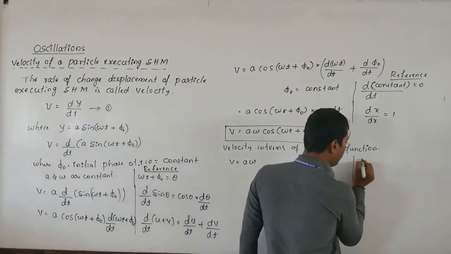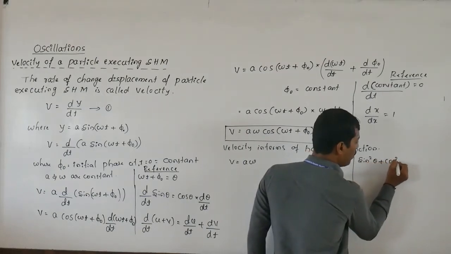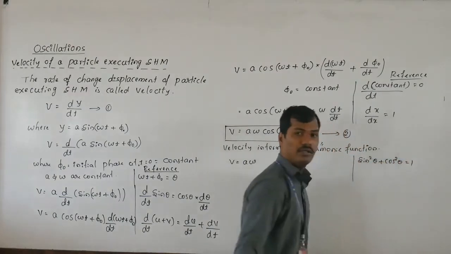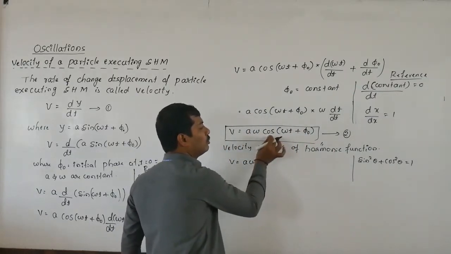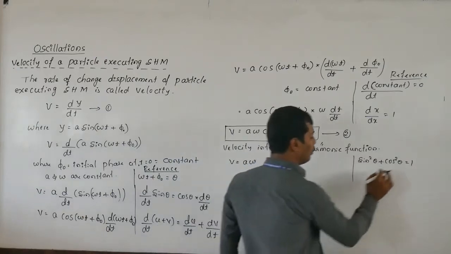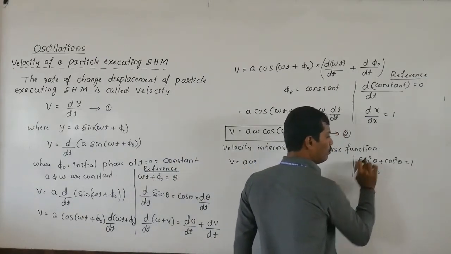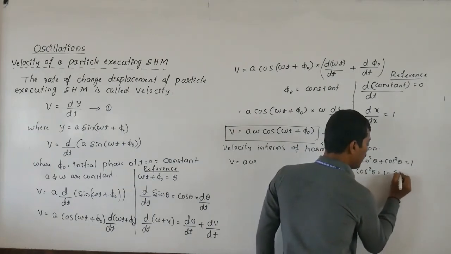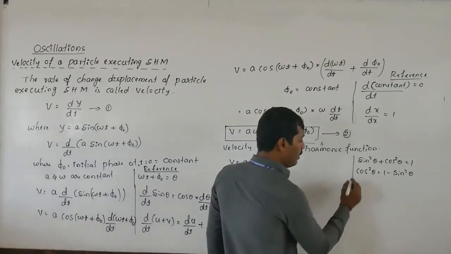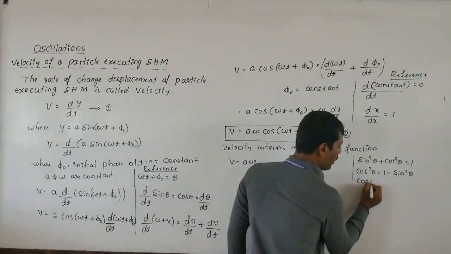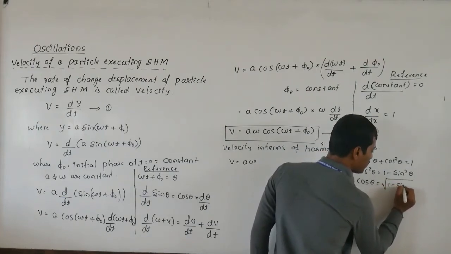Here we know that sin square theta plus cos square theta is equal to 1. We want the value of cos theta. So cos square theta is equal to 1 minus sin square theta. Then cos theta is equal to the root of 1 minus sin square theta.